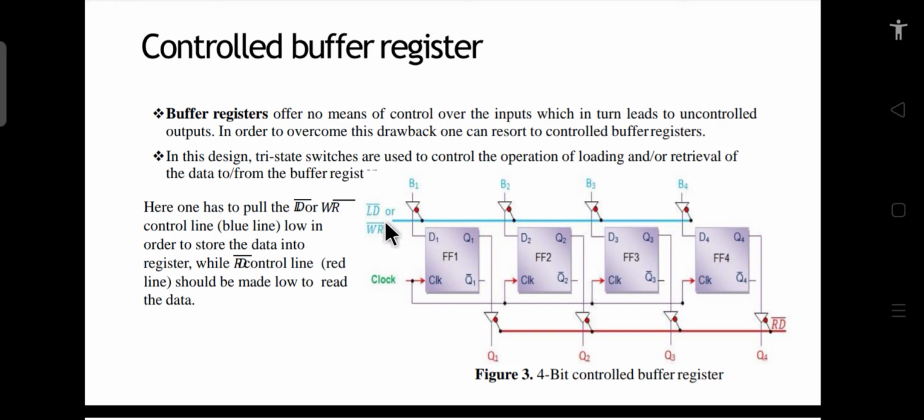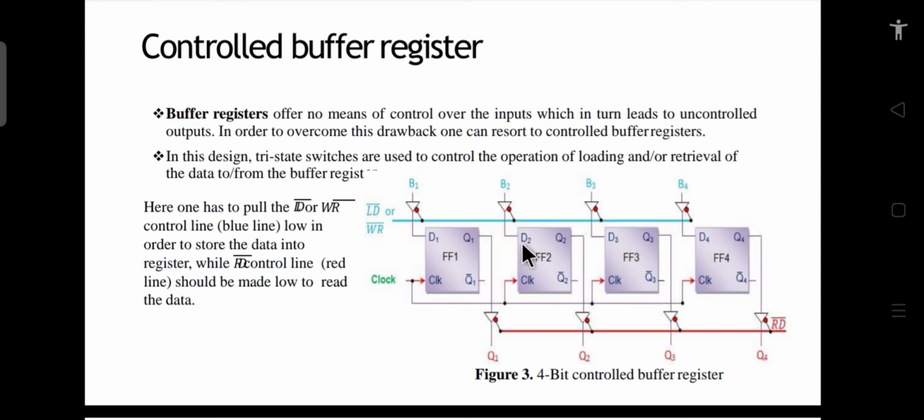Whereas when this load input is equal to 1, then each of these tri-state buffers will be active, and when they are active, B1 will appear on D1, the input of the D flip flop.